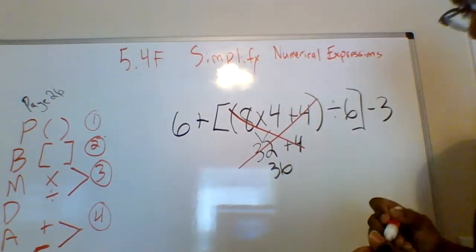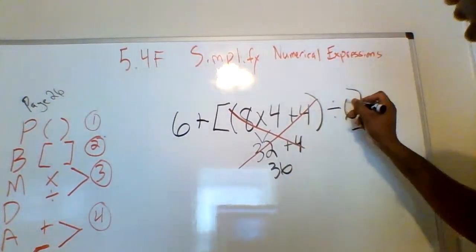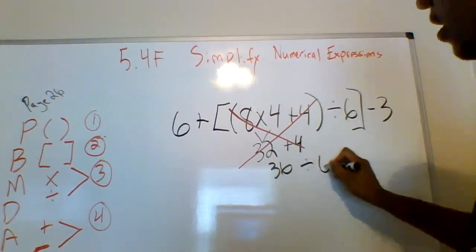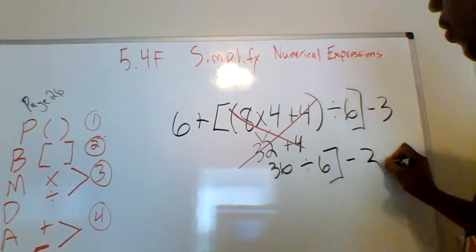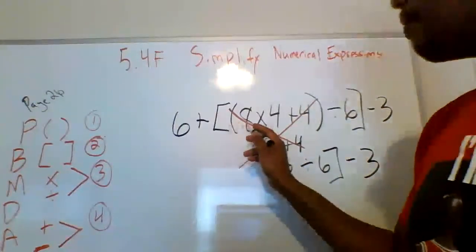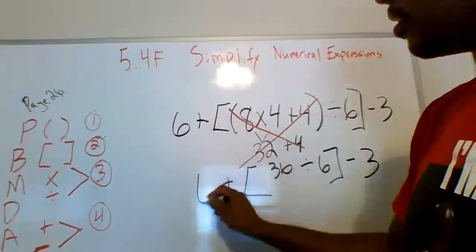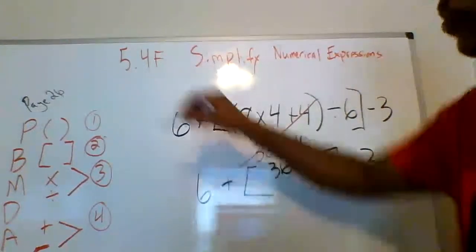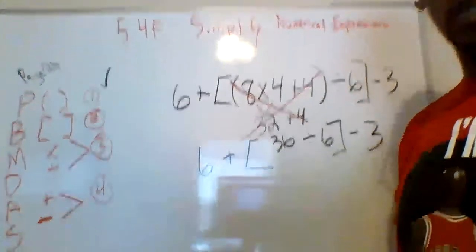Now, behind the parentheses, I have divided by 6, bracket, minus 3. In front of the parentheses, I have bracket plus 6. Parentheses is good.